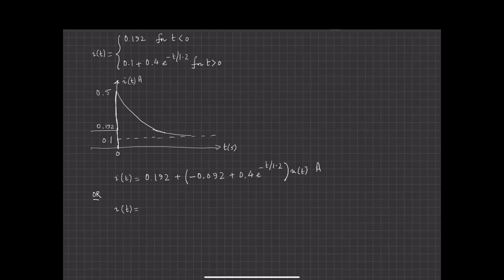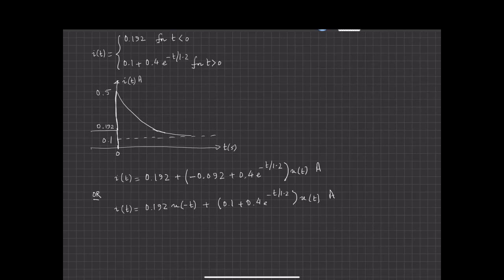equals 0.192 u of minus t, plus 0.1 plus 0.4 e to the power of minus t over 1.2, close paren, u of t, in amps.